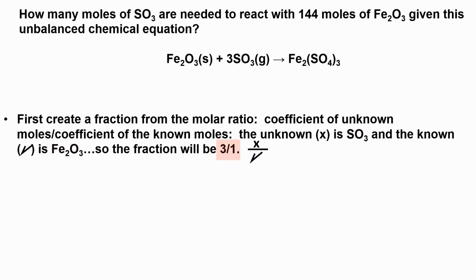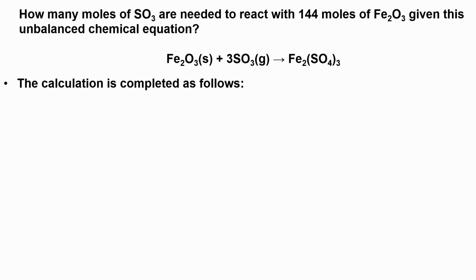So the fraction will be 3 over 1. The calculation is completed as follows, where 144 moles of Fe2O3 is given, and we're looking for the number of moles of SO3.